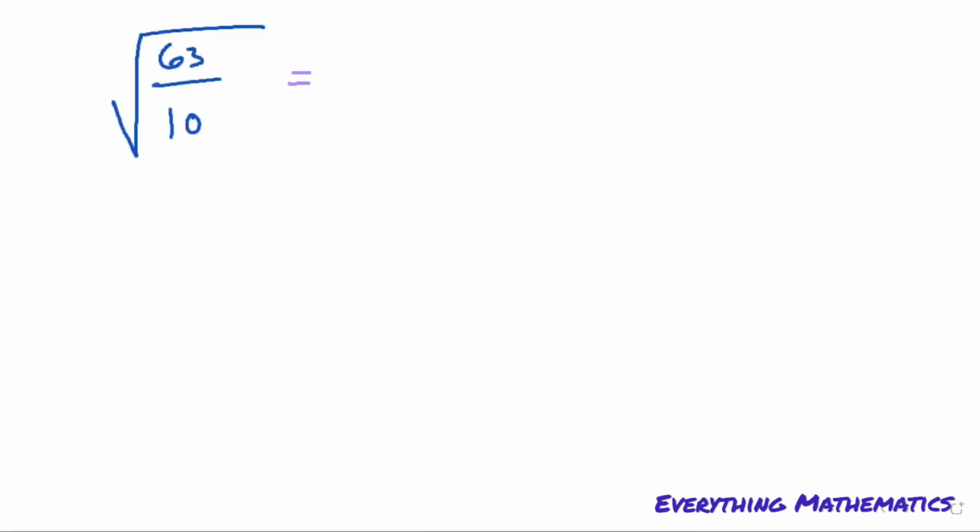Even if they're not within the range of our timetable, at higher level maths you have to be able to see patterns in all numbers, right? So this is the same as root 63 divided by root 10, applying rule 2. Remember, this video is all about rule 2. And here you have to be able to see that 63 is 9 times 7.